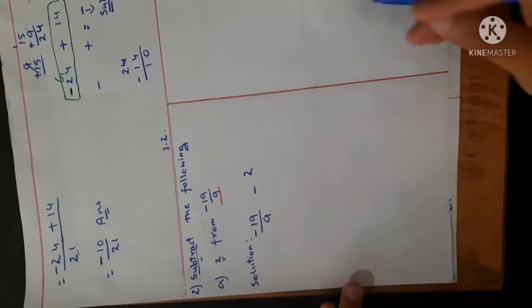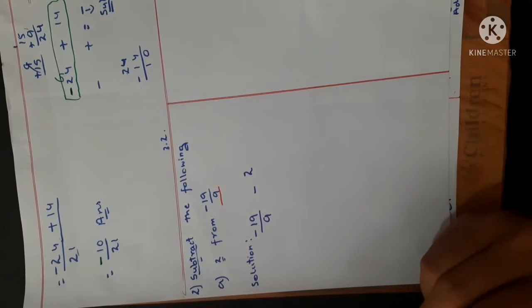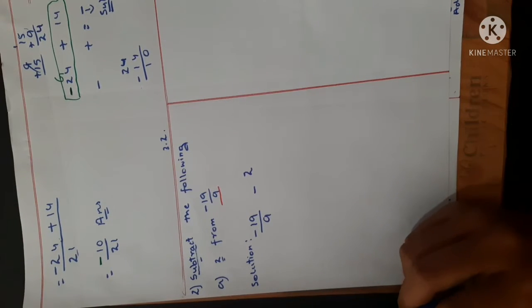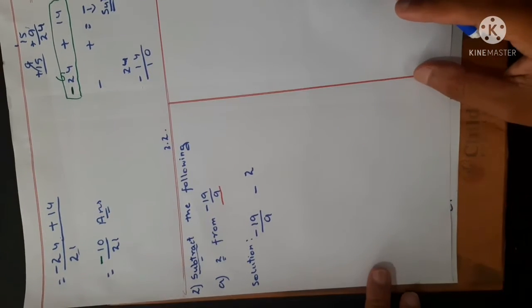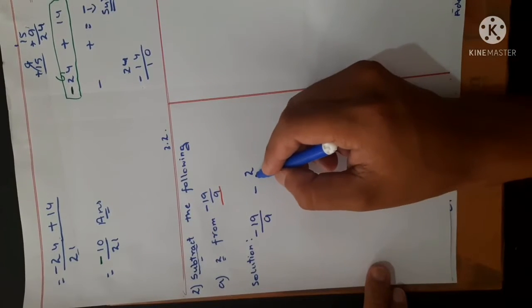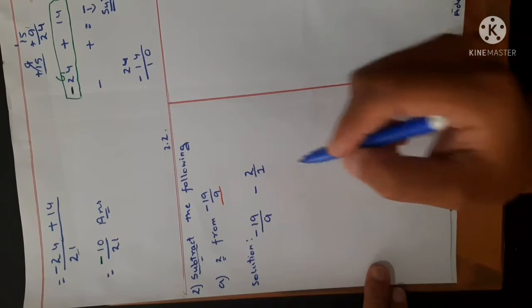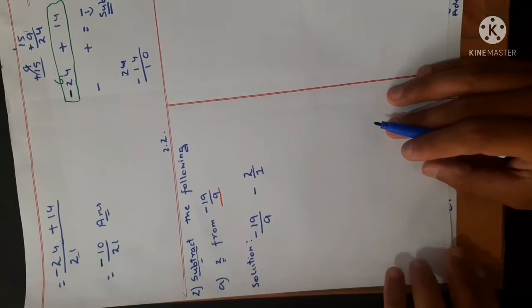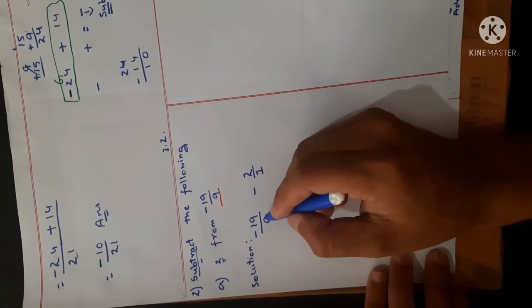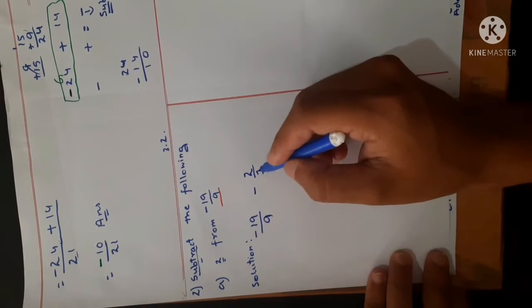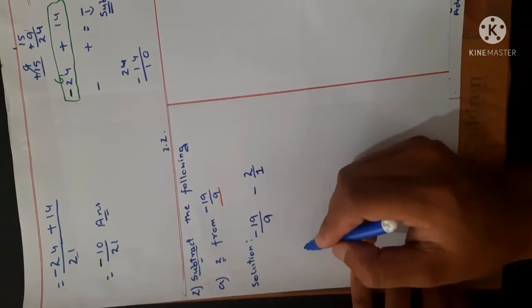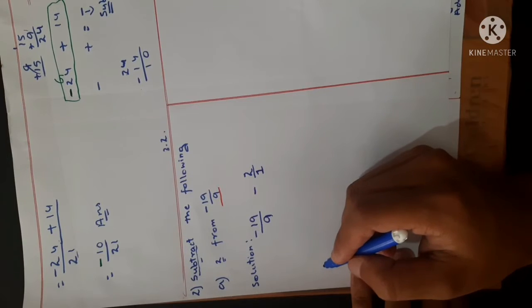In here we see that 2 does not have any denominator. If there is no number written in the denominator, remember it is always 1. It is not 0 nor 2 nor 3 nor 4. It is always 1.